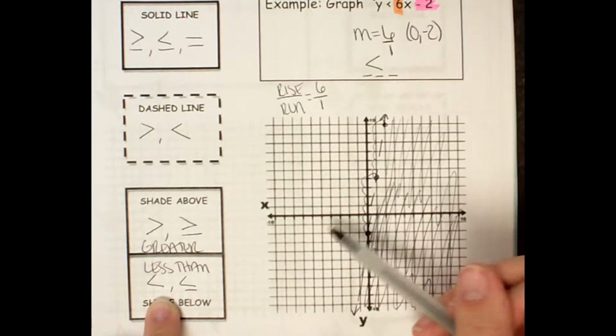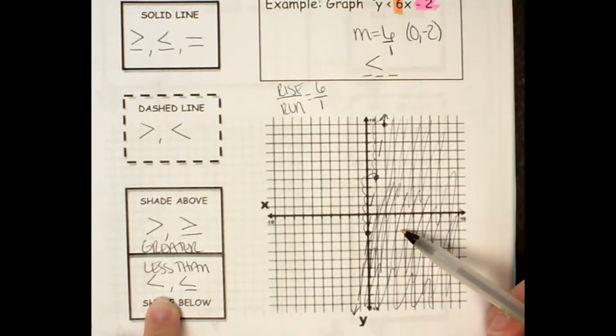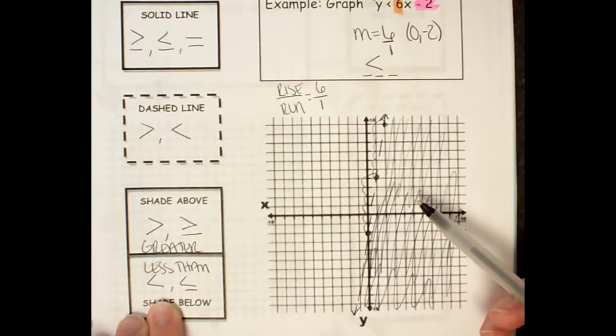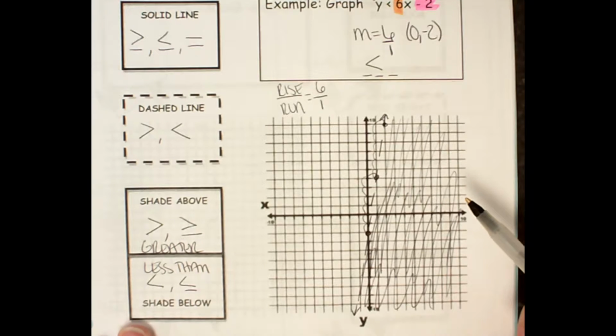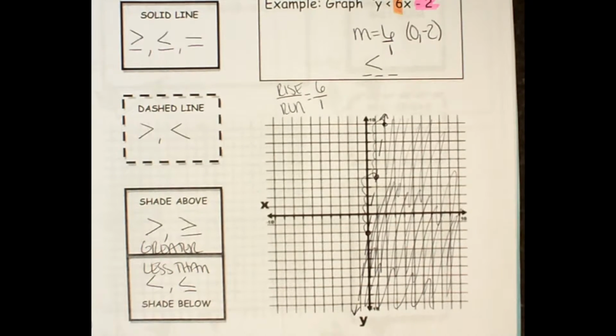Below the graph. This side would be above, this side would be below. You can always check it. But that would be your answer.